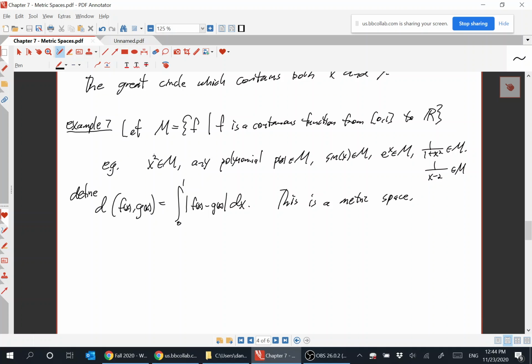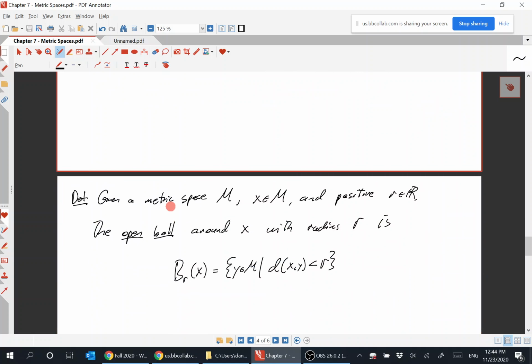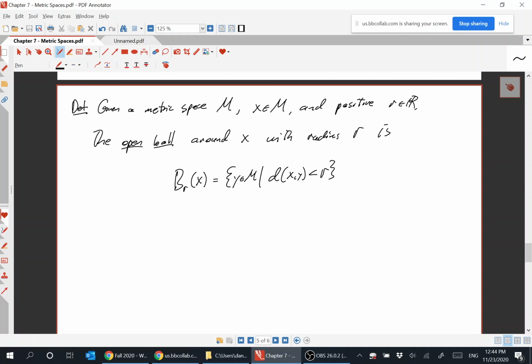Is the open ball around some center here going to be round? How about with the taxicab metric? Is the open ball going to be round? Or the max metric? Will the open ball be round?